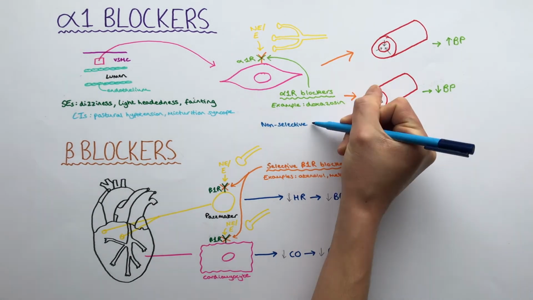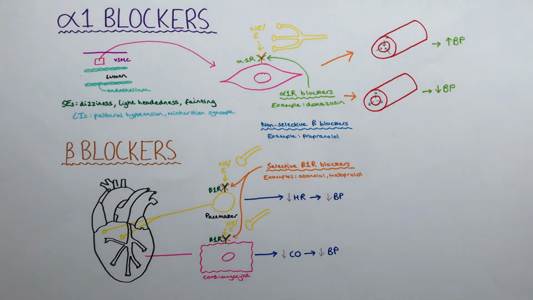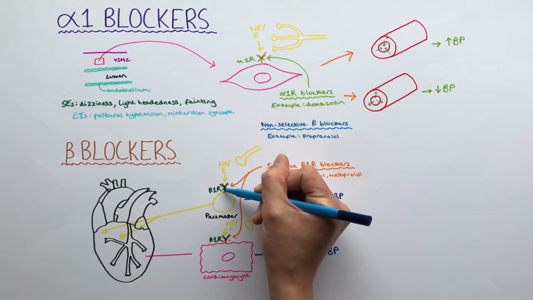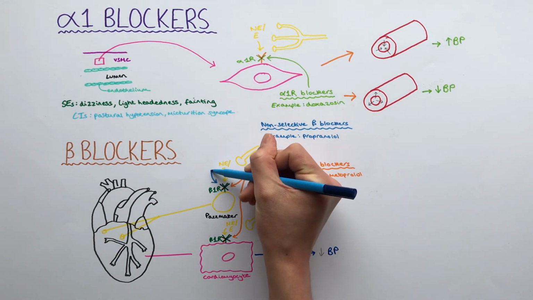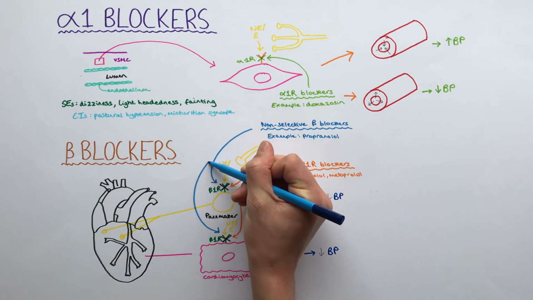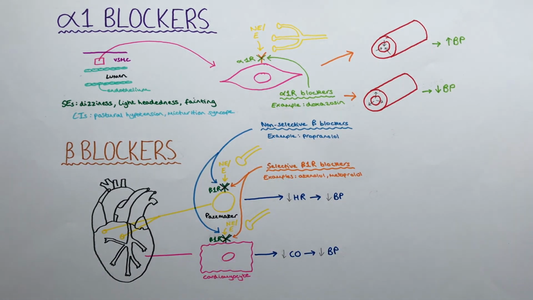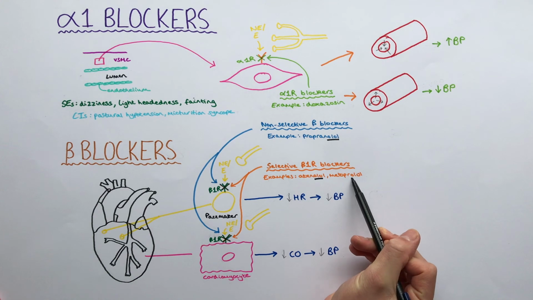Beta blockers can also be non-selective, for example, propranolol. They also inhibit the beta-1 receptors in the pacemaker cells and cardiomyocytes as seen before with the selective beta-1 receptor blockers. However, they also inhibit other beta receptors which we will not talk about today. As you may have already gathered, the names of beta blockers always end in olol.